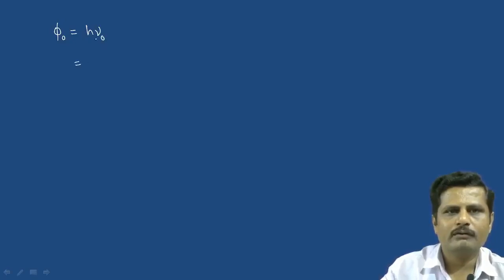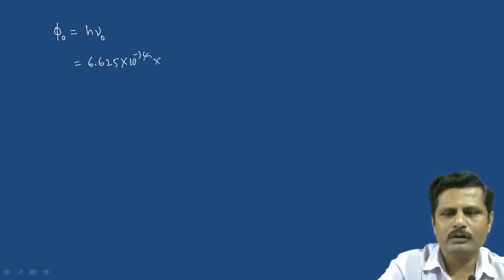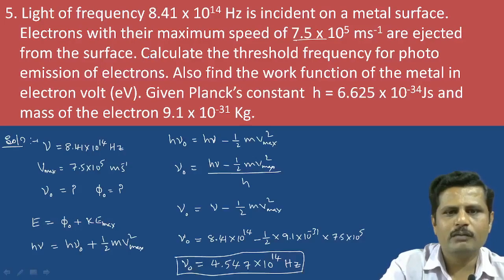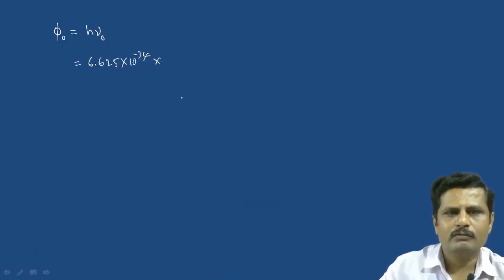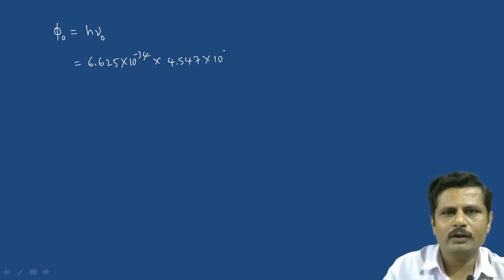Just now we found nu naught, the threshold frequency. The h value is 6.625 into 10 raised to minus 34, and nu naught equals 4.547 into 10 raised to 14.